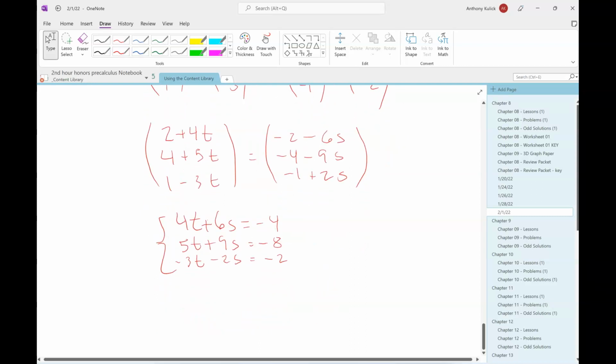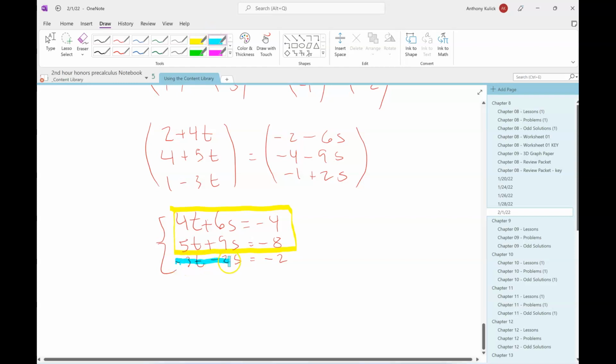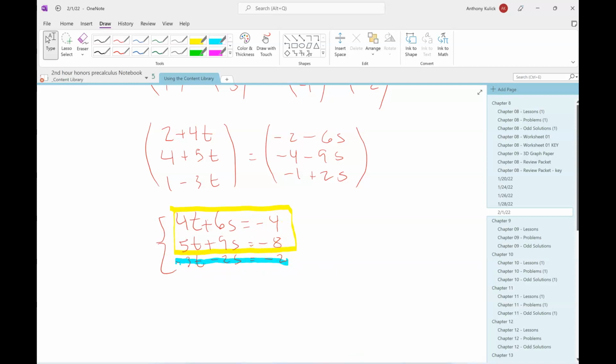Now, when you look at this, though, we have 3 equations, but only 2 variables. So this is where a little bit of difference is going to come in. We're just going to pick 2 of the equations to use to solve our system. But the answer for s and t that we get from that, we have to go back and check to make sure it satisfies the 3rd equation.